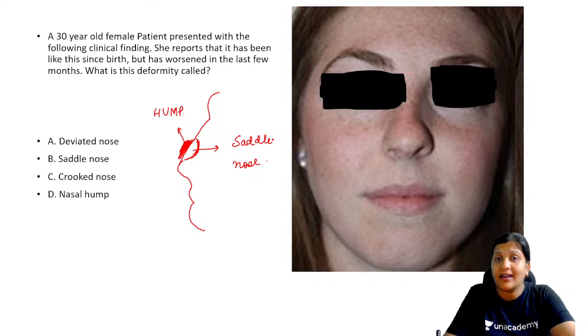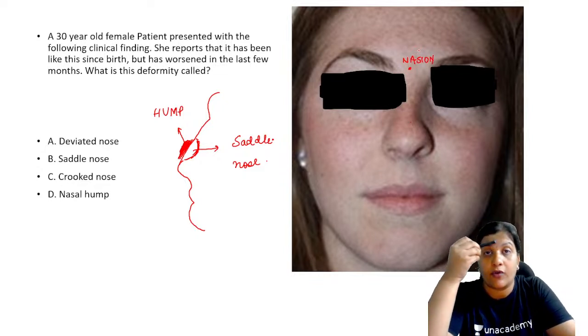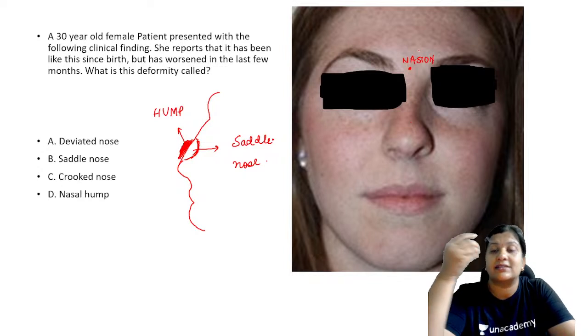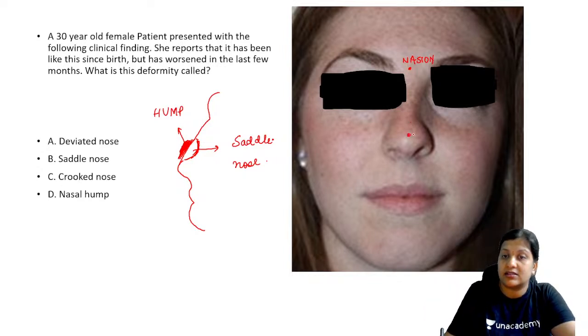Now, in the lateral nasal deformities, you have to check two points. The first one is called the nasion. Nasion is the point where the frontal bone articulates with the nasal bone in the midline. We call this the nasion. And this here is the tip of the nose.